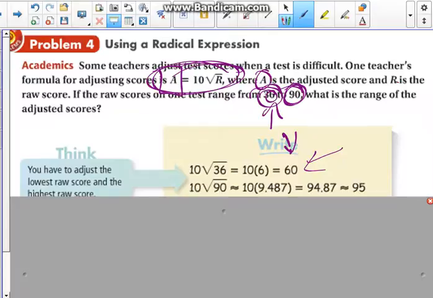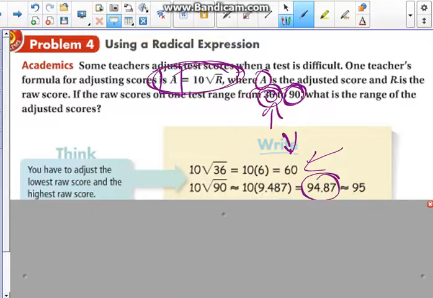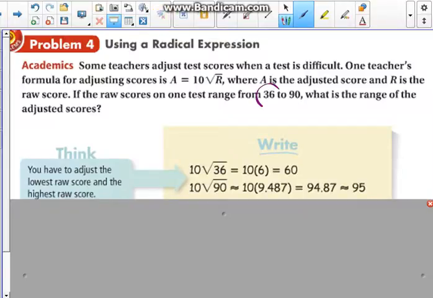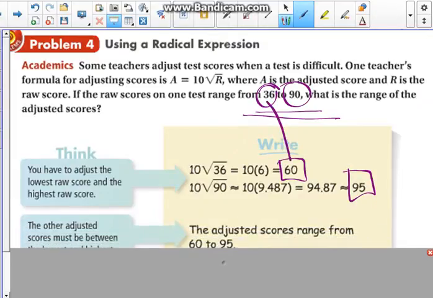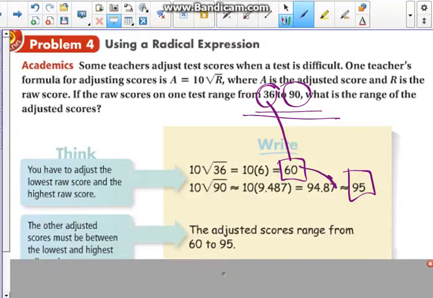So 10 times radical 90 is about 10 times 9.487, which comes out to about 94.87, around a 95 when you round it. So the 36 to 90 being the raw scores, the adjusted scores now for her class are a 60 to a 95. So everybody's score, especially on the low end, went up a lot. The adjusted scores range from 60 to 95.